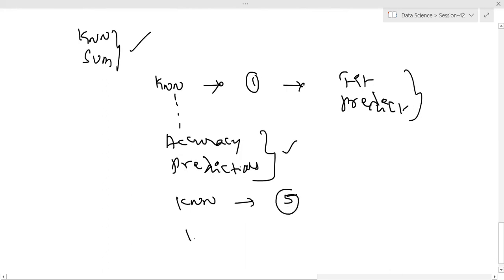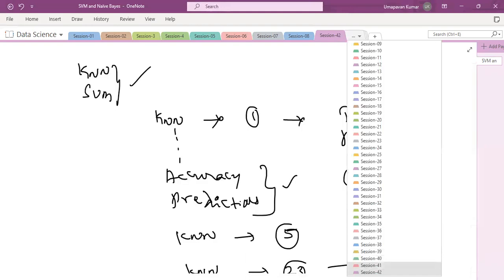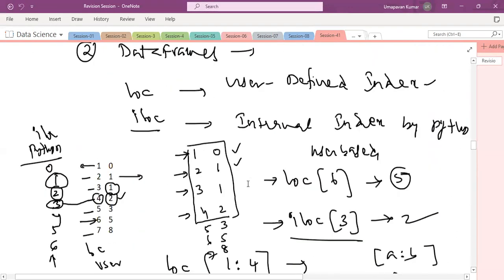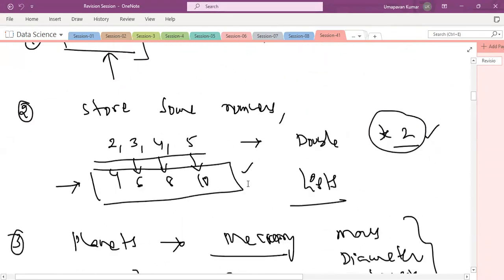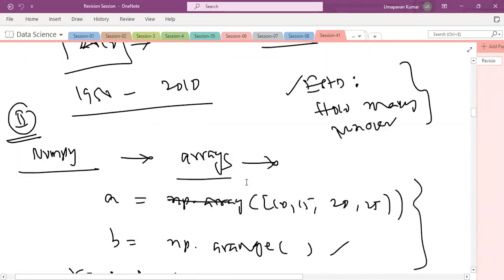After some time, I can also give that k value as 23. In yesterday's session we saw, for k equal to 1, let me open that so that you can easily see. At the moment I am talking about knn.